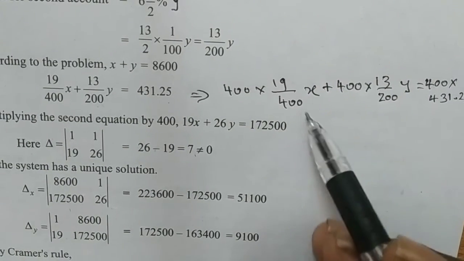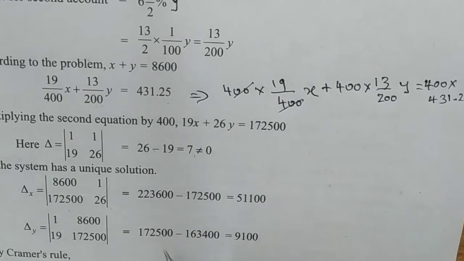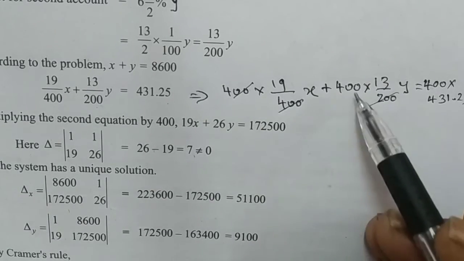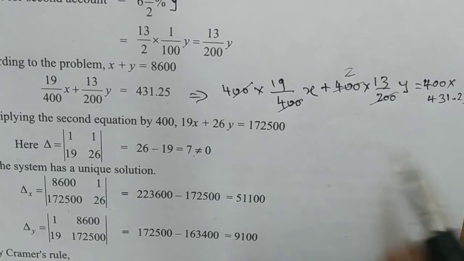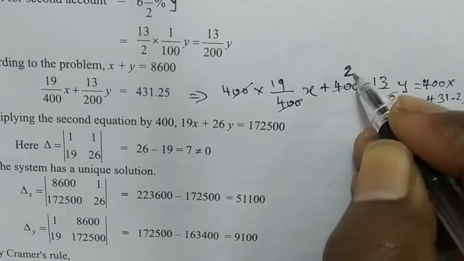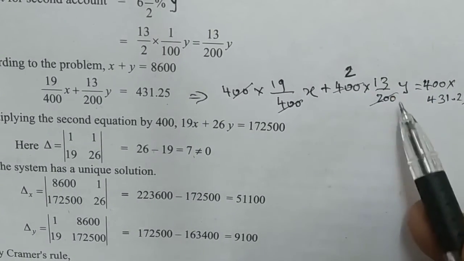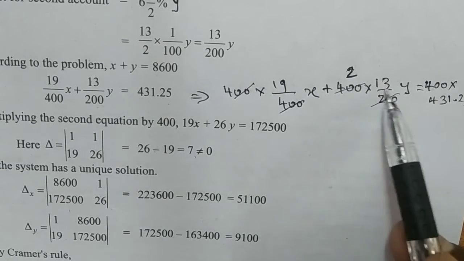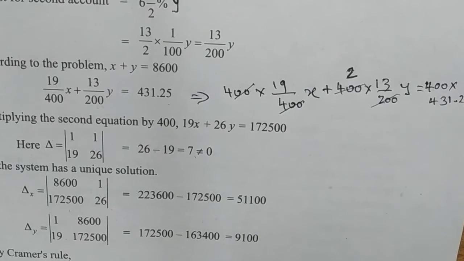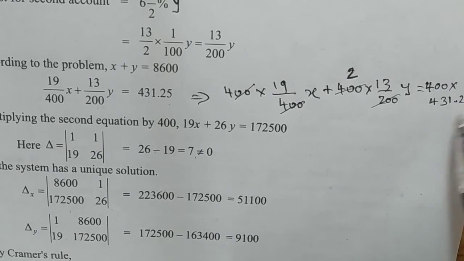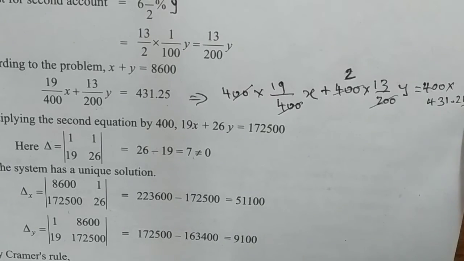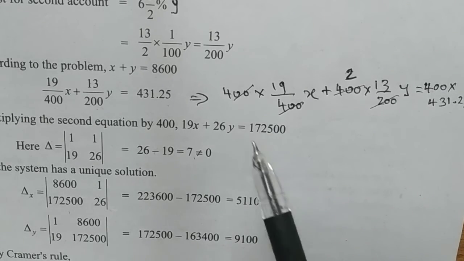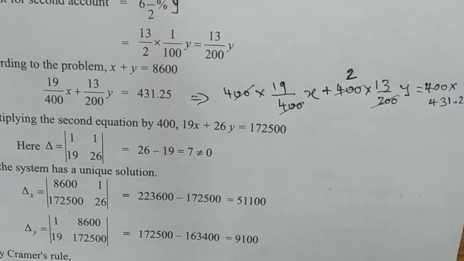The 400 cancels. The 200 cancels, we get 2 times. So 2 into 13 is 26y. And 400 into 431.25 gives 1,72,500.